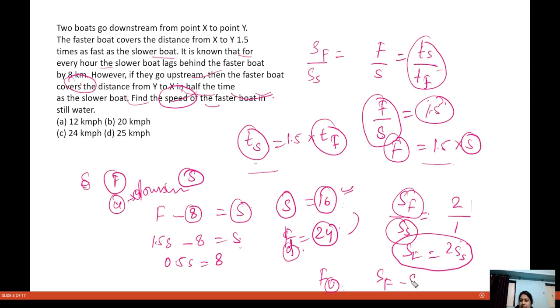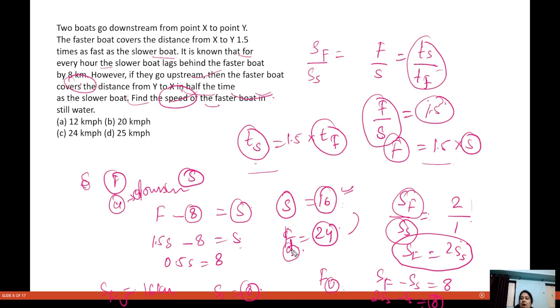So SF minus SS is equal to 8 km, and you know SF is equal to 2 times SS. So the speed of the slower boat is equal to 8 km. That means the speed of the faster boat is equal to 16 km upstream.